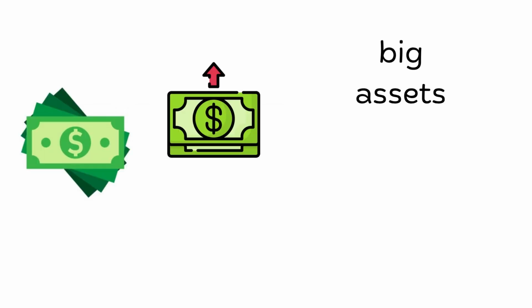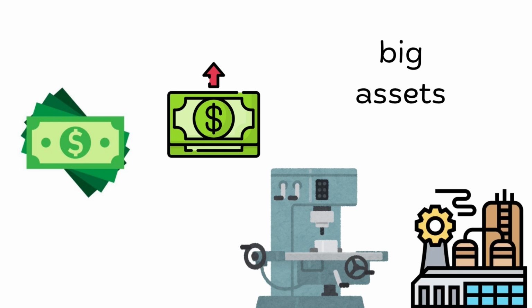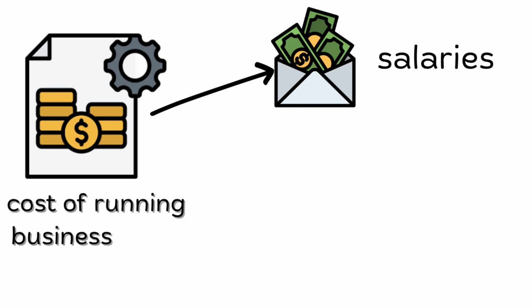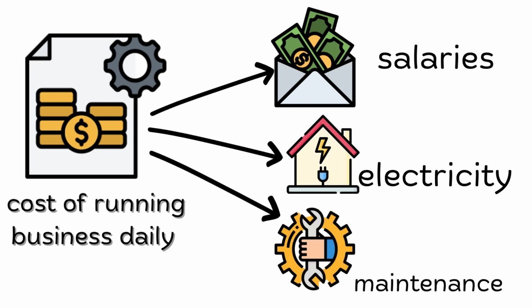45. Capital expenditure. Money spent to buy or upgrade big assets. So buying new machinery or expanding your factory is your CapEx. 46. Operating expenditure, OpEx. The costs of running the business daily, like salaries, electricity, maintenance, the usual monthly outflows. 47. Budgeting.